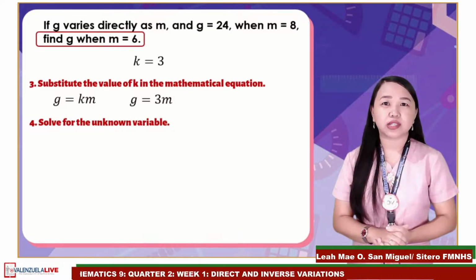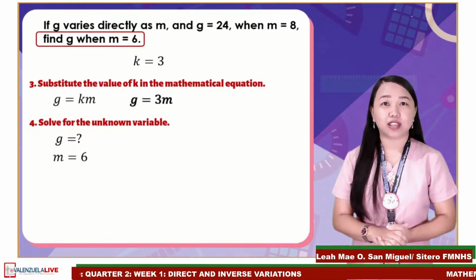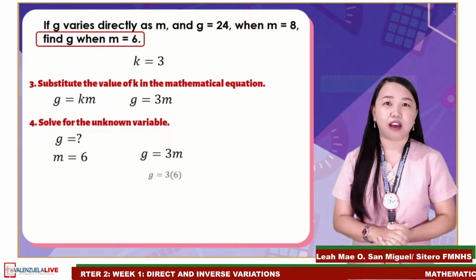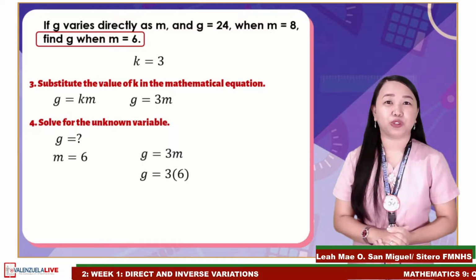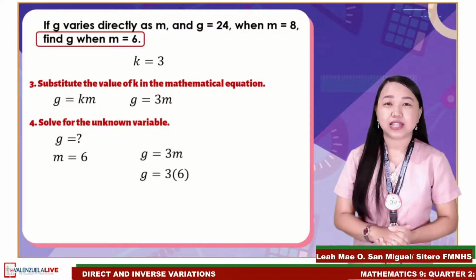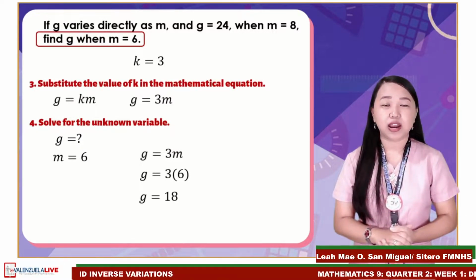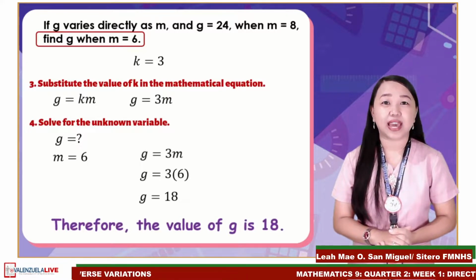To do this, substitute m is equal to 6 to g is equal to 3m. We have g is equal to 3 times 6. Simplify, 3 times 6 is 18. Therefore, the value of g is 18.